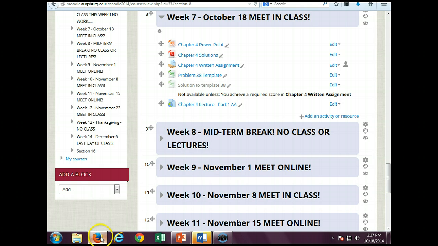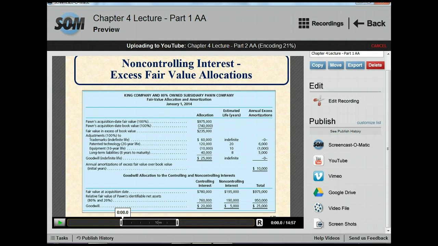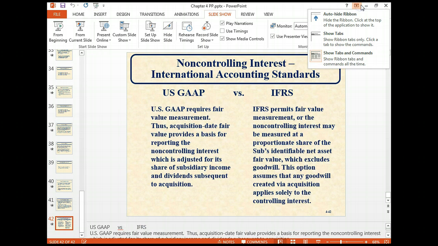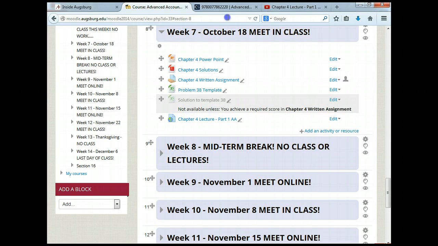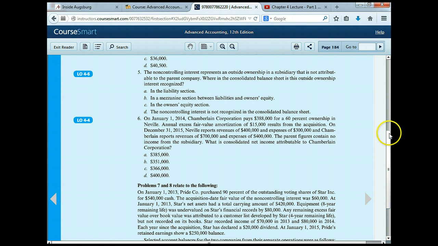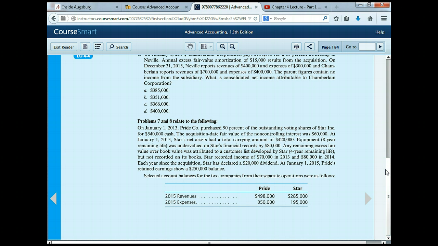Okay, let's go back and look at the book. Let's look at problem 7. Problem 7 asks us, on January 1st, 2013, Pride Company purchased 90% of the outstanding voting shares of Star Inc. for $540,000 cash.